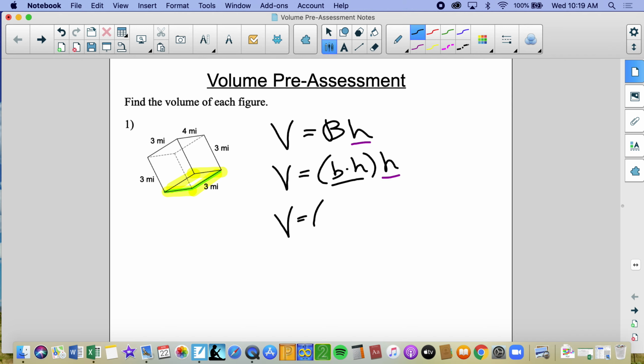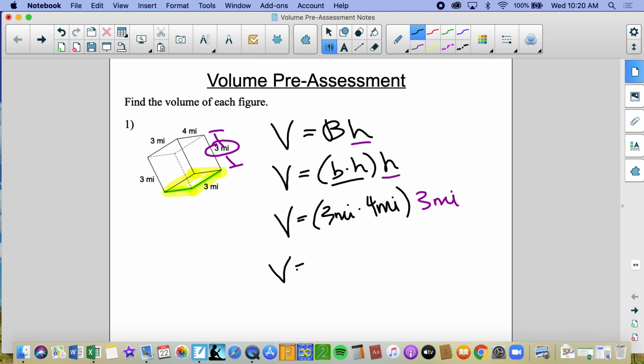So the base of that base is 3 miles. The height is going to be 4 miles. And then the height of the object, that's the distance between the two bases. That's going to be this distance, 3 miles.